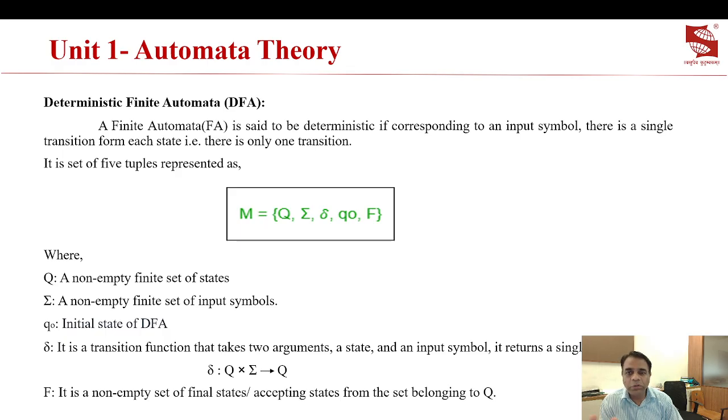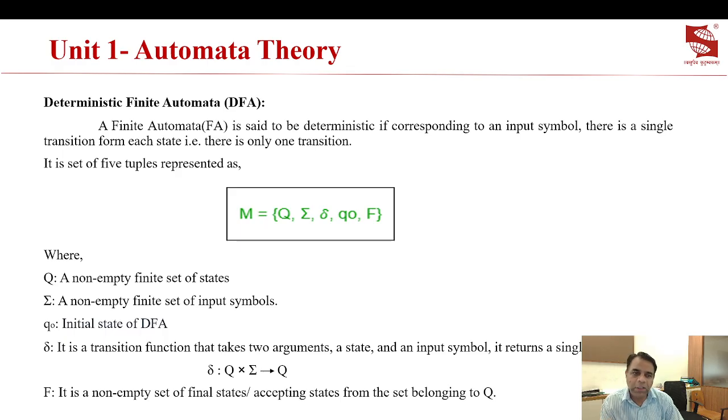It cannot reach multiple states. So there is only one transition: by taking one input symbol, it can reach only one state.